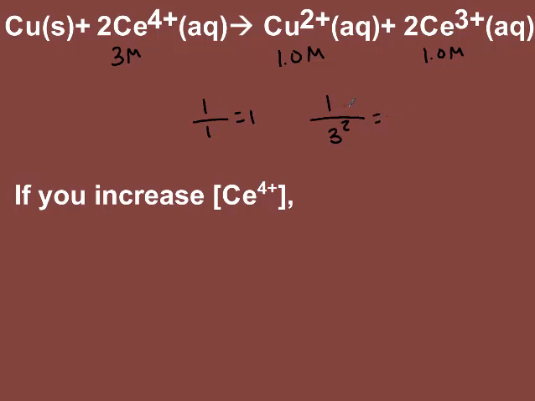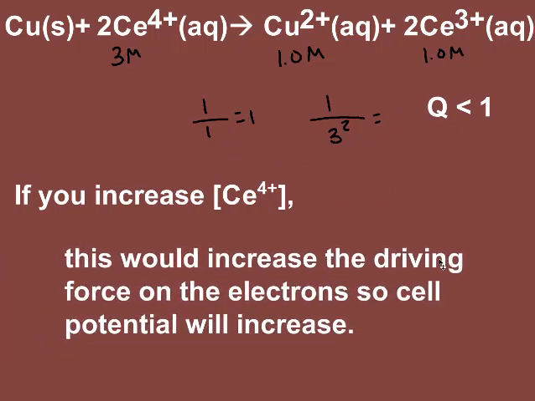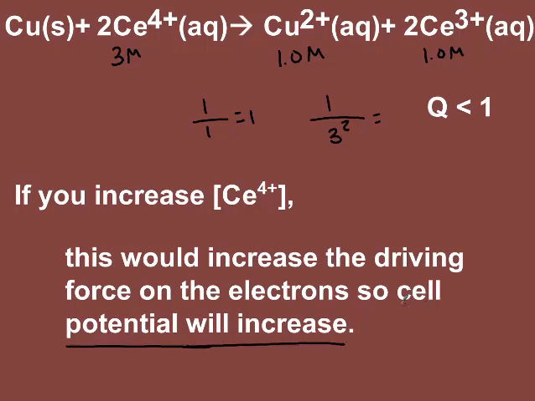So now we have a number that is less than 1. So since Q is going to be less than 1, this would increase the driving force on the electrons, so cell potential will increase. Cell potential, again, being our E. So the E will be larger than if it was 1 molar all the way across.